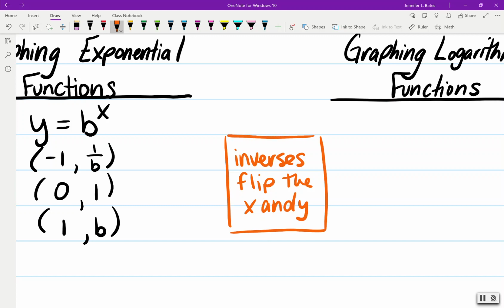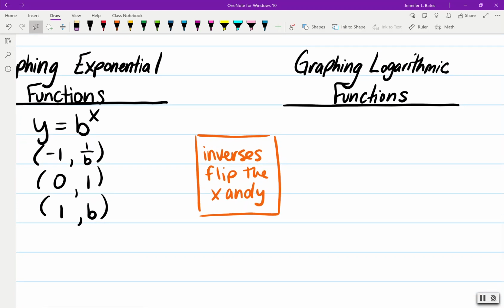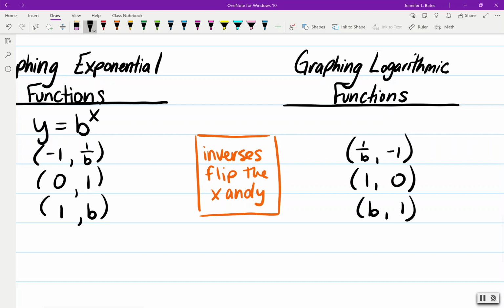If I know that inverses flip the x and the y, when I graph log points, I must just be graphing (1 over b, -1), (1, 0), and (b, 1). Those are the points that I'm graphing.